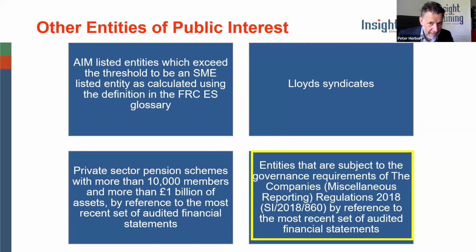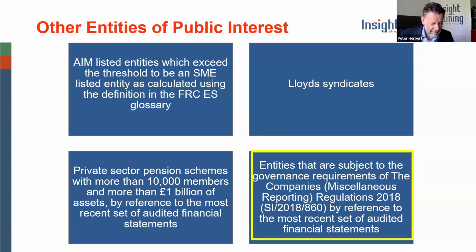Now, redefining what we mean by a PI, a public interest entity, that will require legislation. And what the FRC is saying is, we can't really remove the concept of the EP until legislation has been passed to redefine public interest entity. And therefore, with that one, it's going to happen, but it's kind of a watch this space.